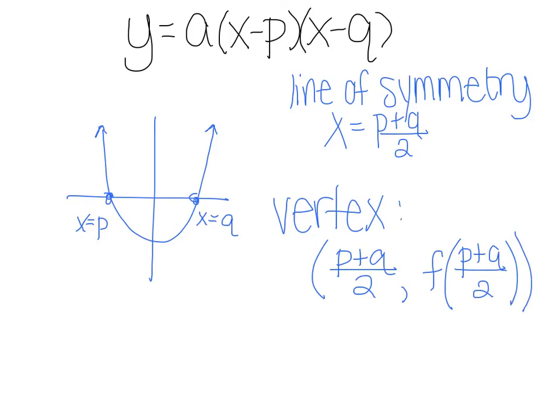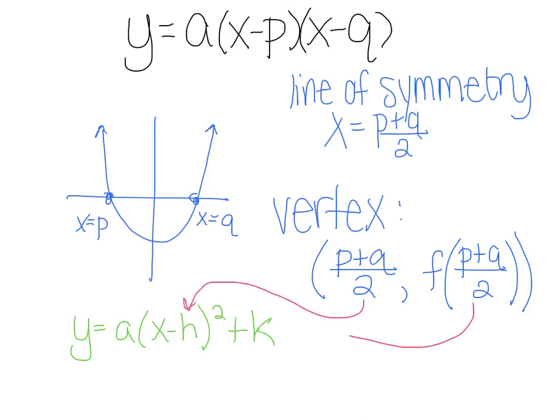Once I've found my vertex, I can put my equation into the vertex form: y equals a times (x minus h) squared plus k. So I can put my x value of my vertex where h is, and my y value of my vertex where k is.